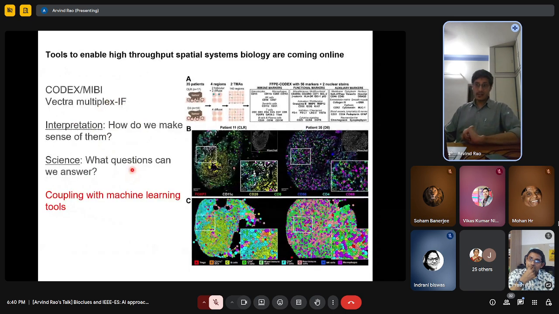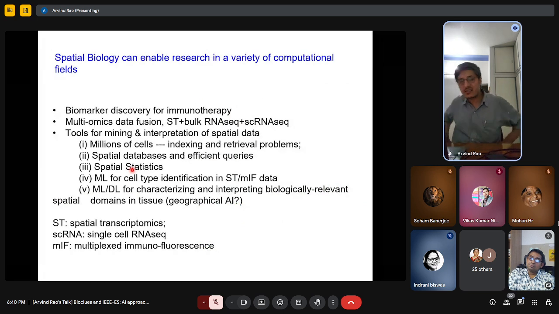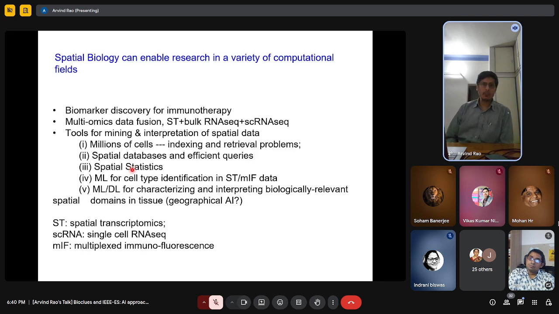So in that regard, we said, this is actually a place where you can use machine learning, deep learning ideas to make sense of this data. And I know this is a very heterogeneous group and there's a lot of computer scientists in the audience. So I'll say that if you're looking for a hard problem, not hard, I mean interesting problem to work on, I can't overstate how interesting biology has become for computer scientists, right?